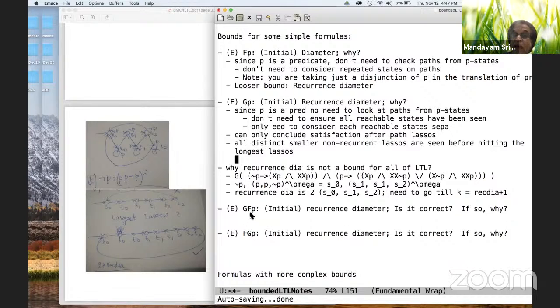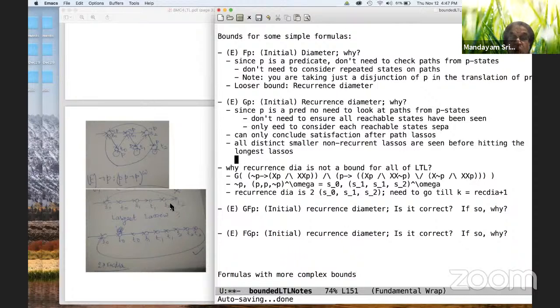Now, obviously that is not a witness to G of F of P. Why would it not be a witness? Because for this transition system, say this is the longest path that you can go.